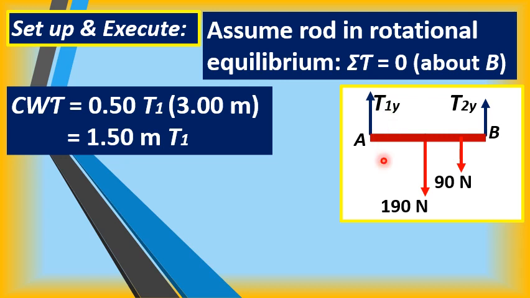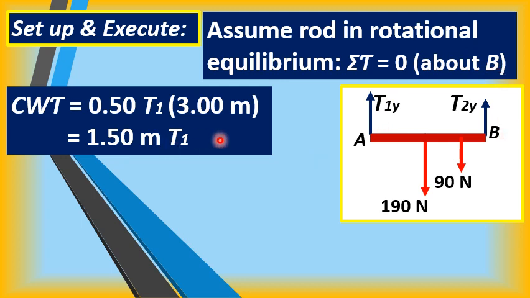If you look at the direction of T sub 1y relative to the axis of rotation, which is point B, T sub 1y is going to have what we call a clockwise effect on the rod. It is as if it's going to make the rod rotate in a clockwise manner.